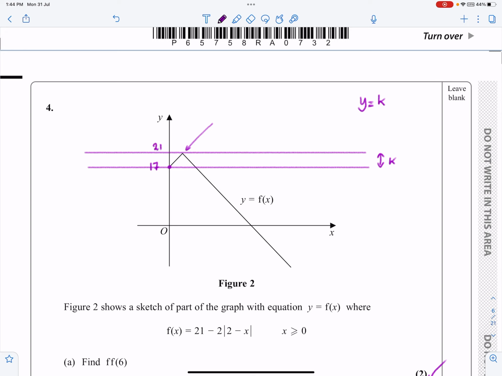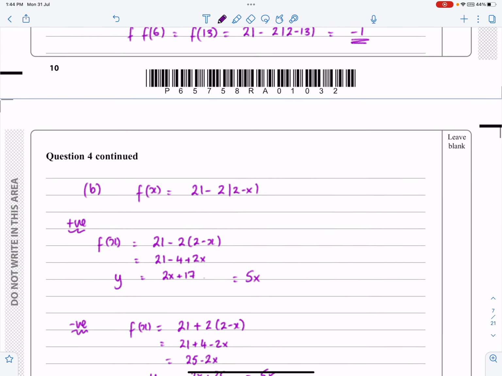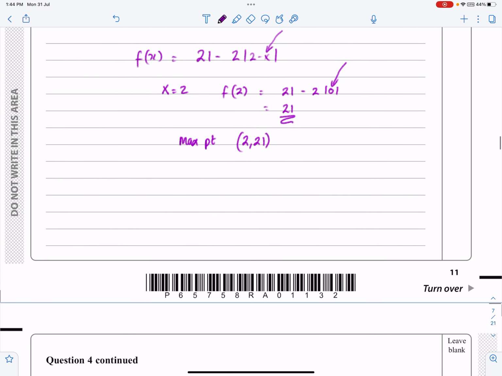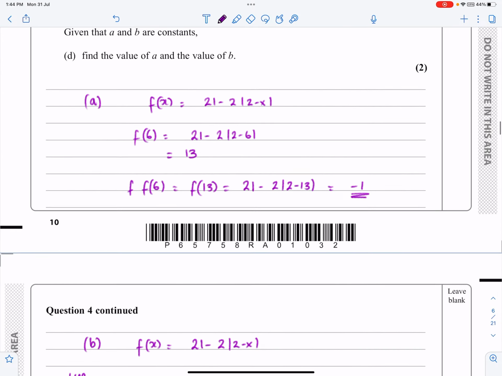So when I'm trying to work out what k is going to be now then, k basically can take anything between 21 and 17. Just stop, I haven't quite finished this yet. Do I mean including the values? Yes, I include the value of 17 because there are two values there, but I don't include the value 21.